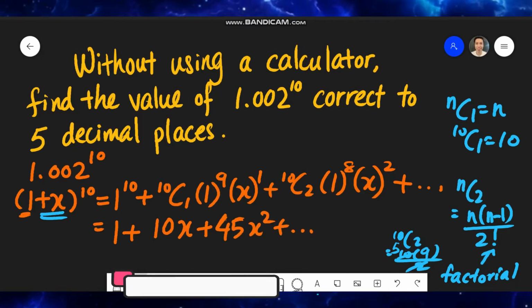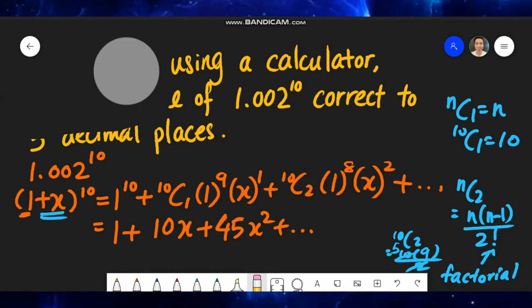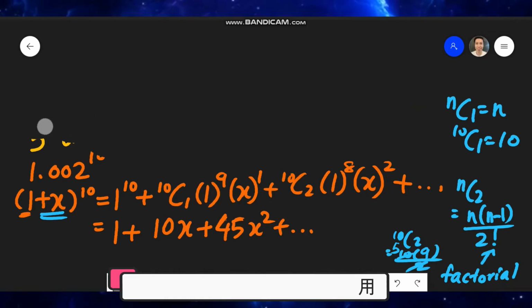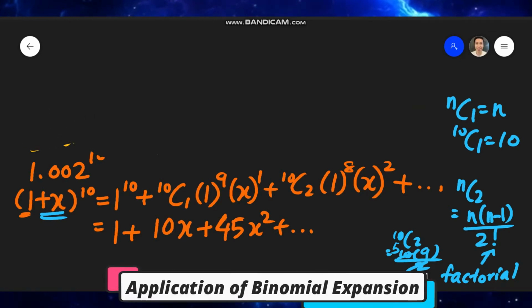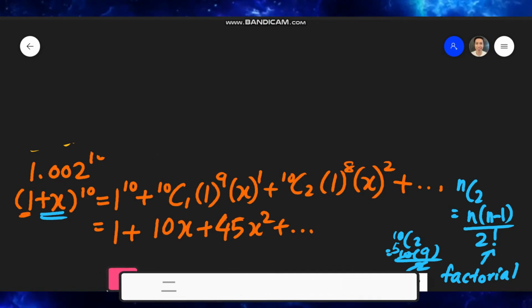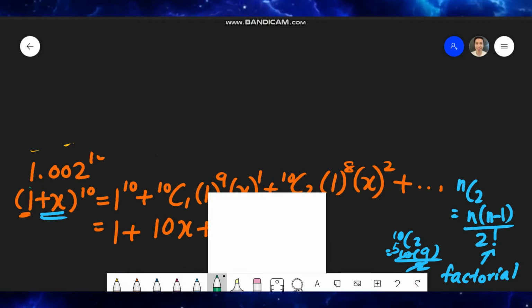Next part, we may find the value of x. Once we find the value of x, we can put it inside our expansion. So what value of x can we use? Actually, we can get a hint from here: 1.002 and 1 plus x.